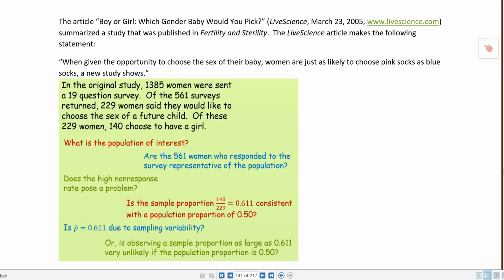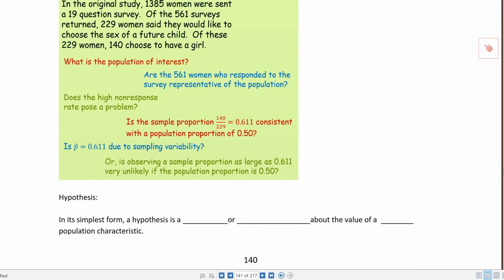It looks like 61% said that they would choose to have a girl, and is that different than 0.5? Half the people choosing a girl and half the people choosing a boy. Is that due to sampling variability, or is observing a sample proportion as large as 0.61 very unlikely if the population proportion was actually 1/2?